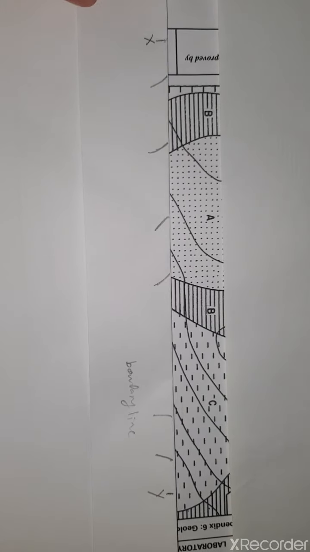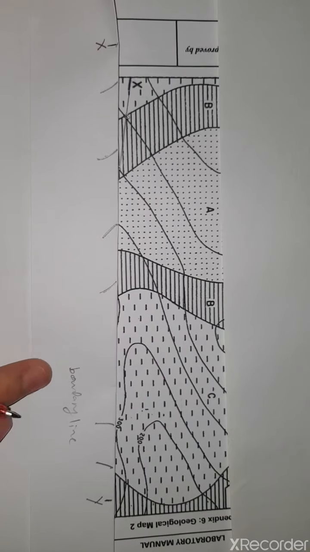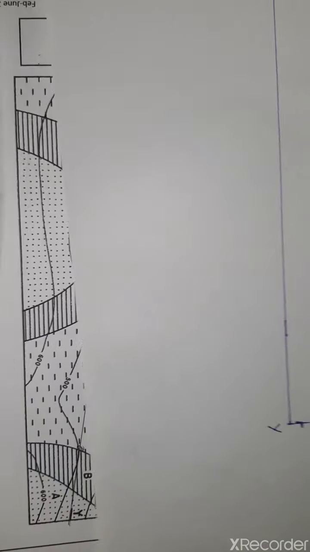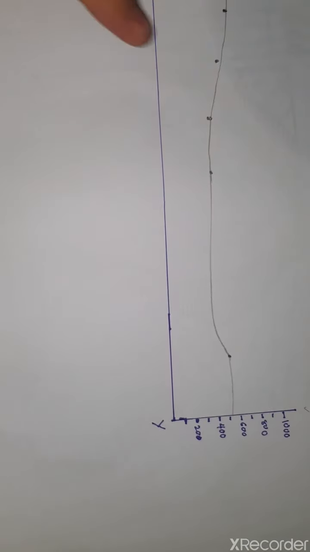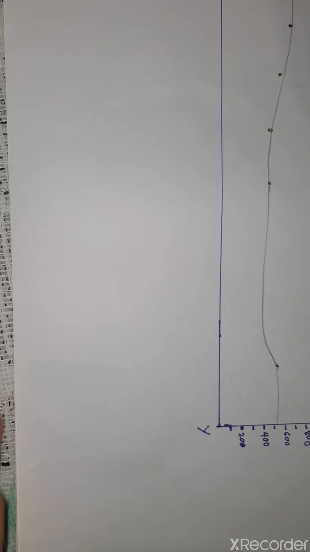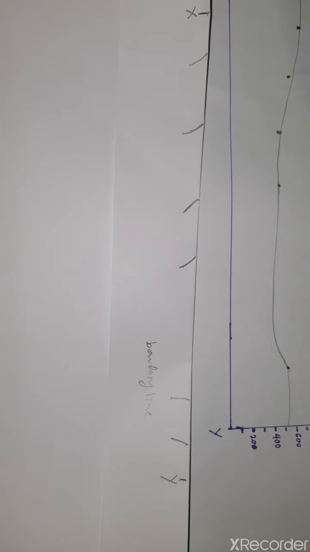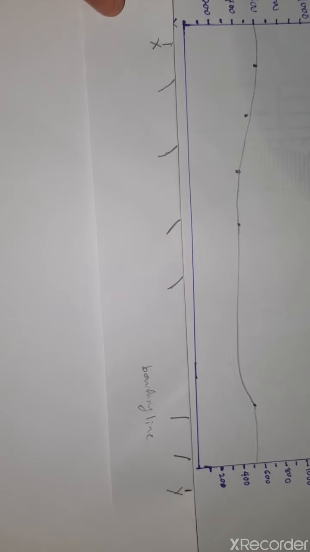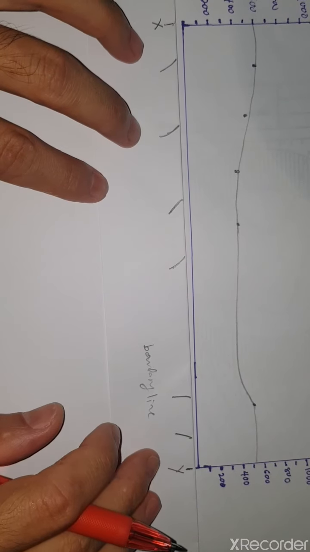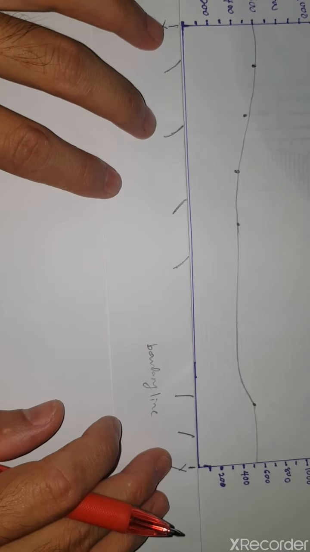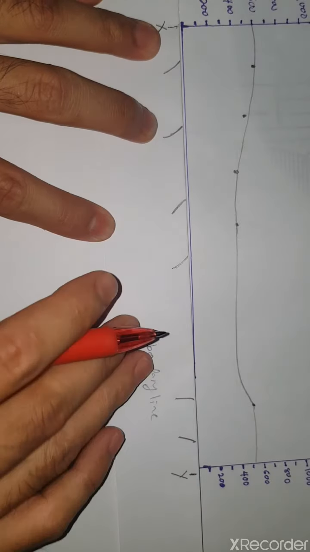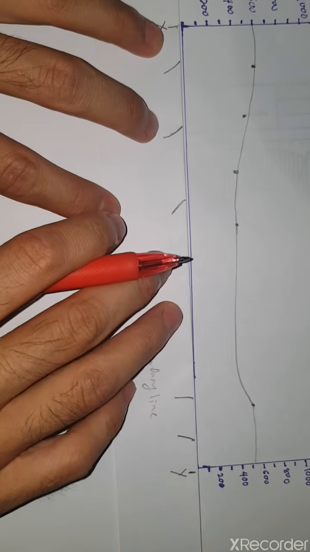After you have these boundary lines, you must transfer them to the graph contour section that we already drafted earlier. So I will use the red color.